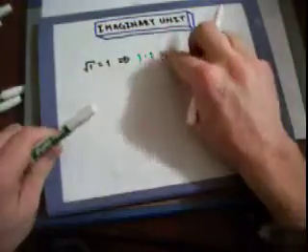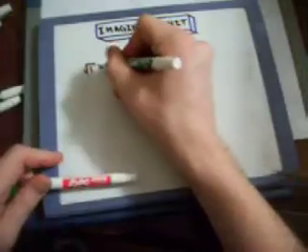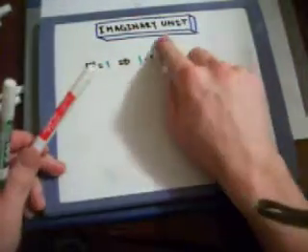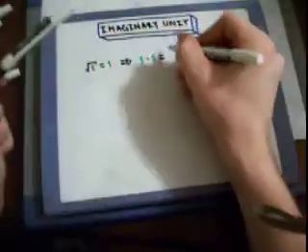Let me try and show you how I'm looking at it. I'm going to write 1 times 1 is equal to 1 squared, which is just equal to 1.